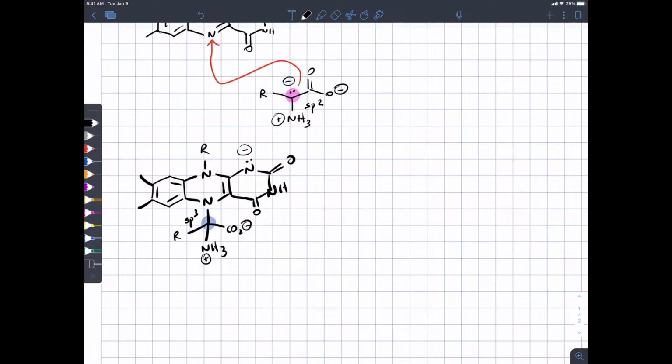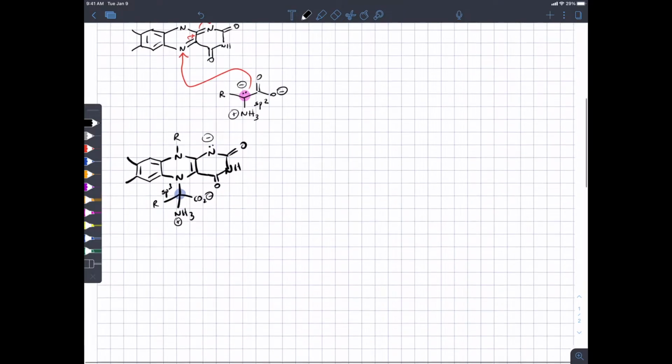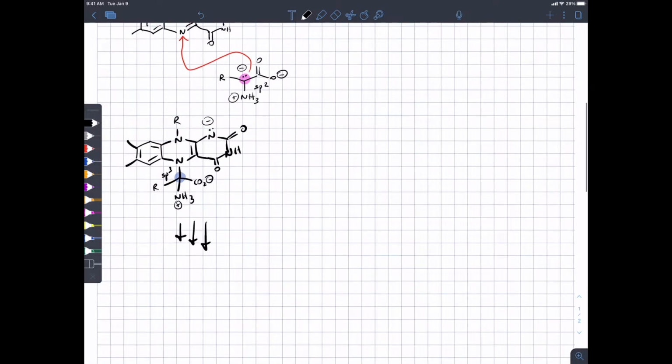And of course, this would go on through another couple of steps to give you the product. The rest of that reaction mechanism isn't that hard, but it's also not really important to our discussion today, so we'll go ahead and ignore it.